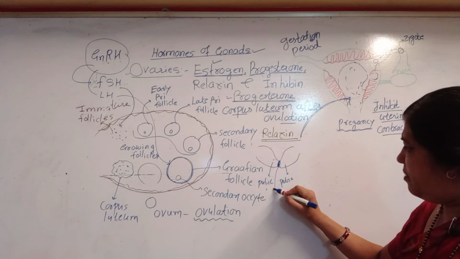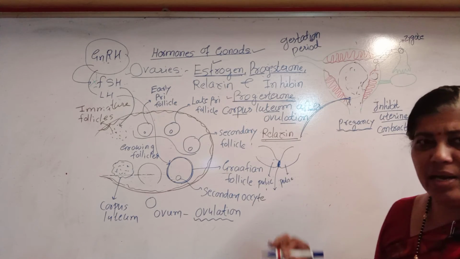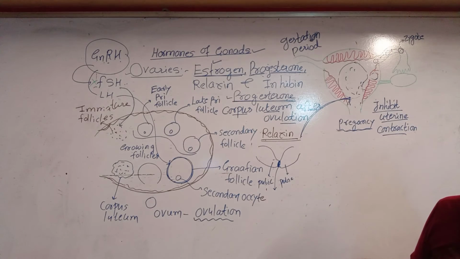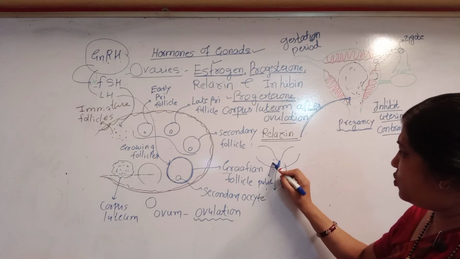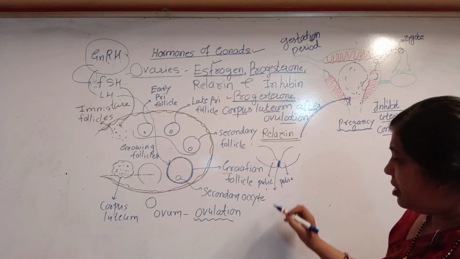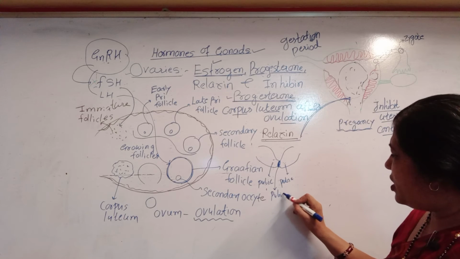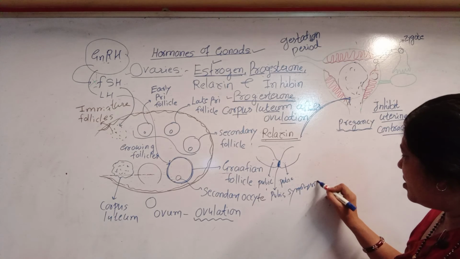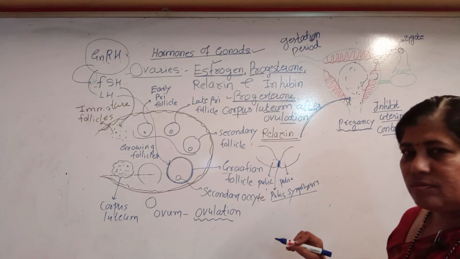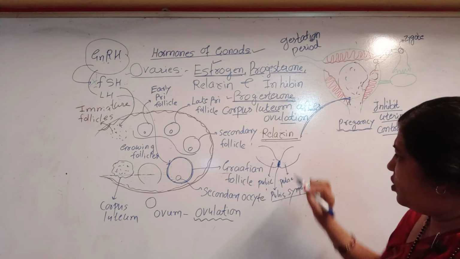It is a slightly movable joint in females, but in males it is an immovable joint. The joint between the two pubic bones is called the pubic symphysis.